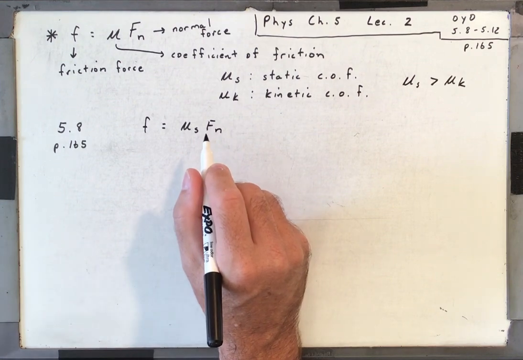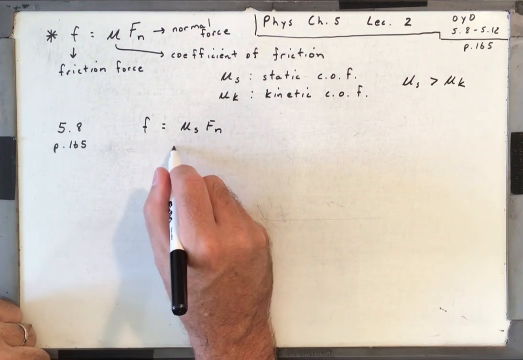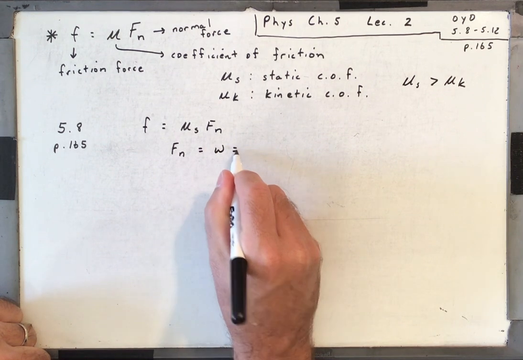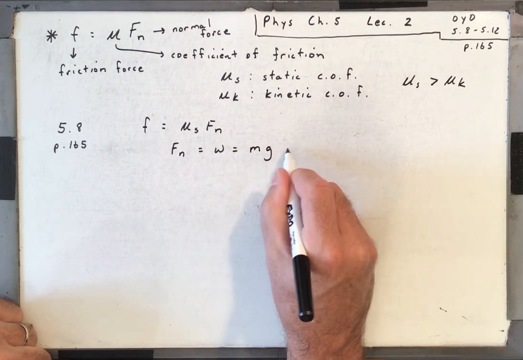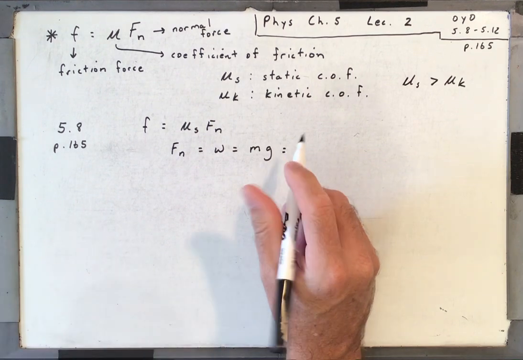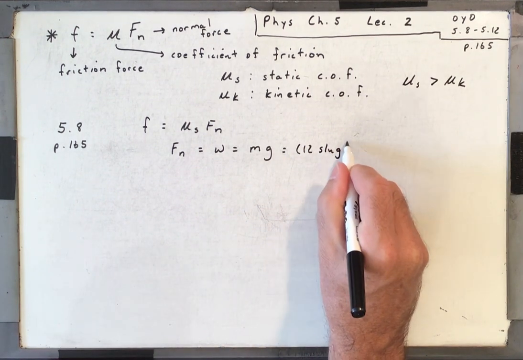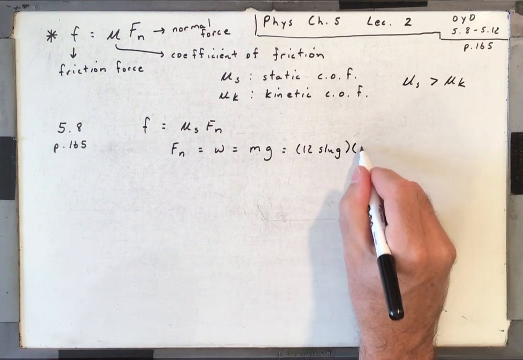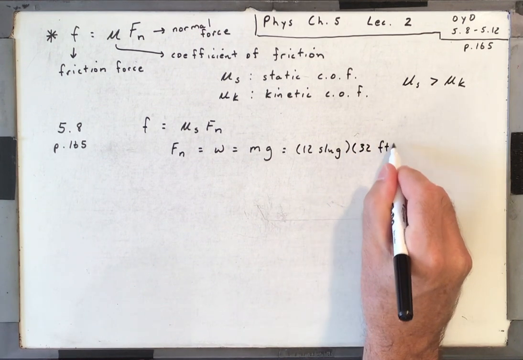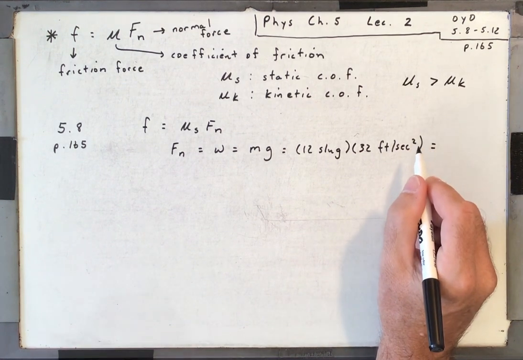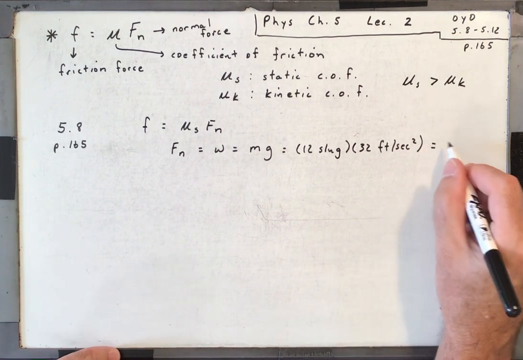We know that the normal force is just equal to the weight. Weight is mass times gravity. We know that this is a 12-slug rock. Remember, slug is mass in the English units. Gravity would be 32. So the weight is 249.6 pounds.